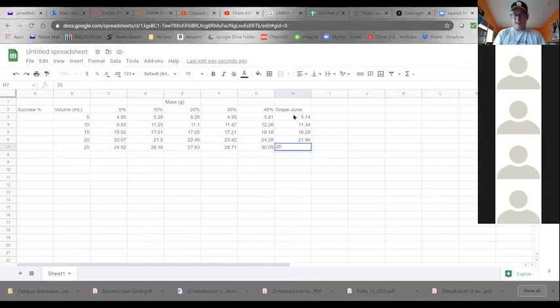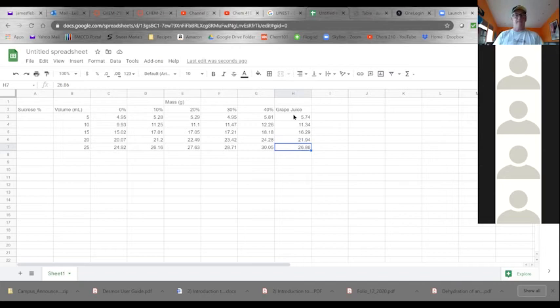That's what I'm doing here. These are the masses after I subtract the mass of the cylinder. My last one here was 56.33 grams, but then I subtract the mass of the cylinder, which was 29.47, and I get 26.86. So I only want the mass of the liquid.